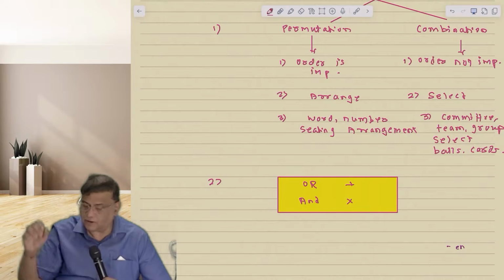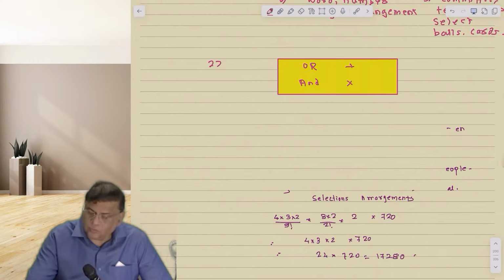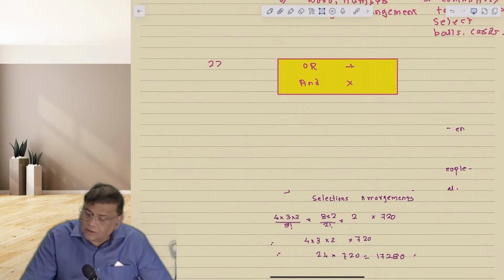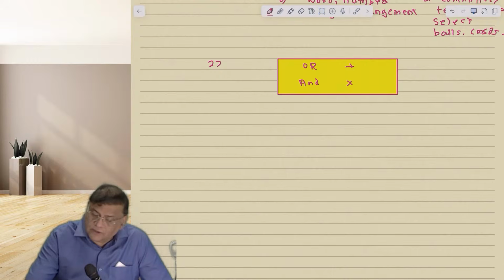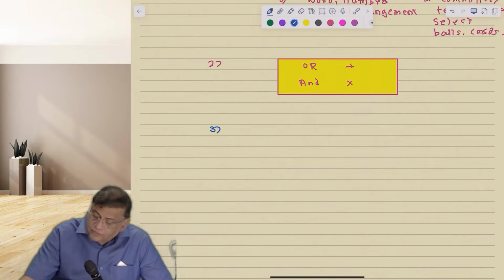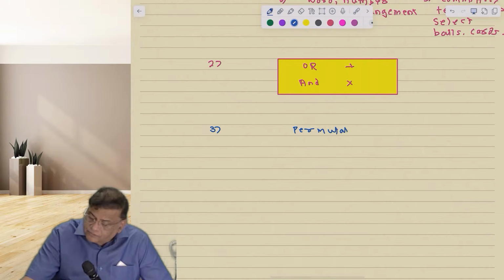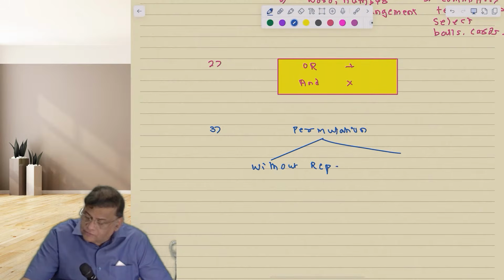ये आपको समझा है क्या? Now, when I talk about a permutation, that permutation is either without repetition or with repetition.